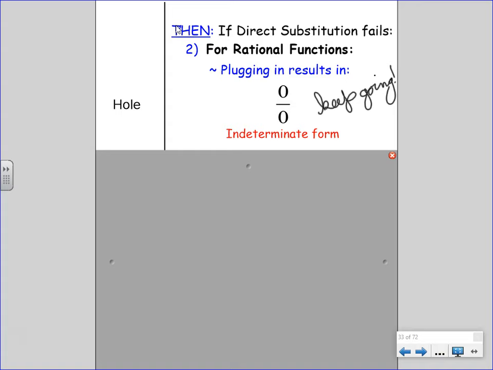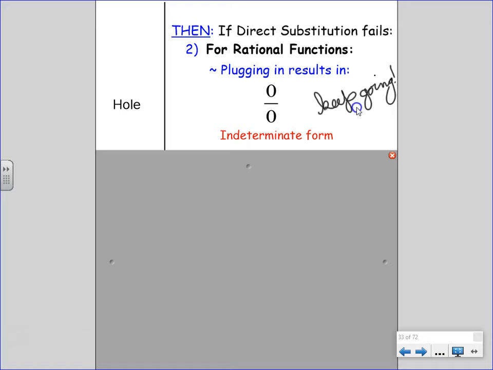The nice thing is that we are doing examples at the beginning, so this is the first bit of new notes that we've done besides the examples. 0 over 0, keep going.